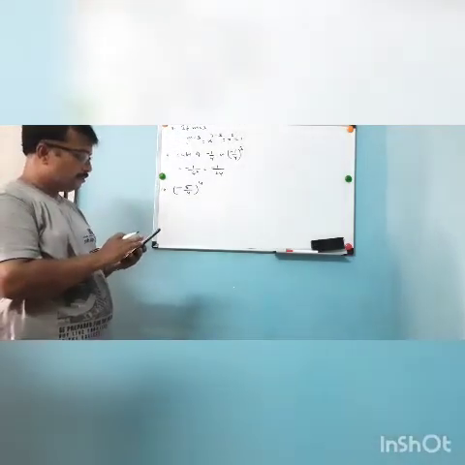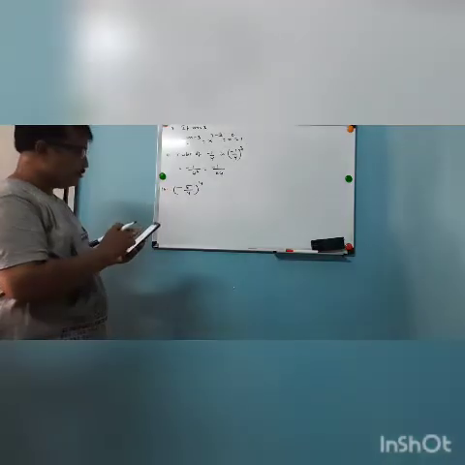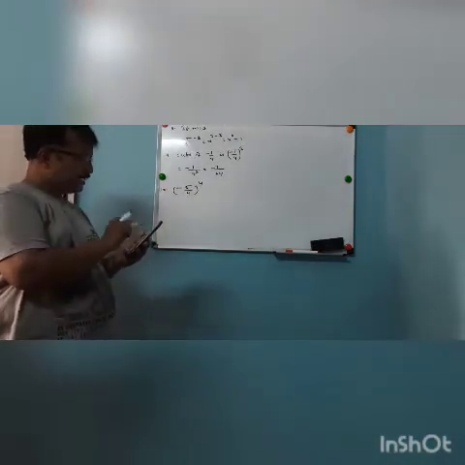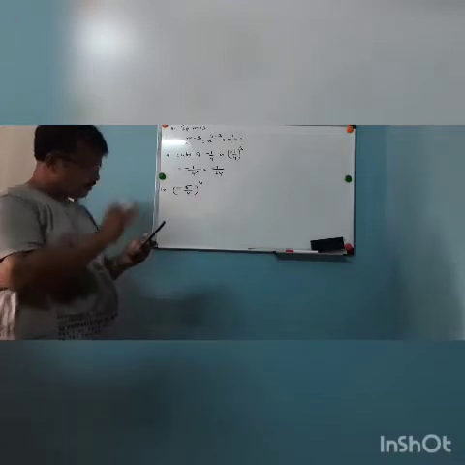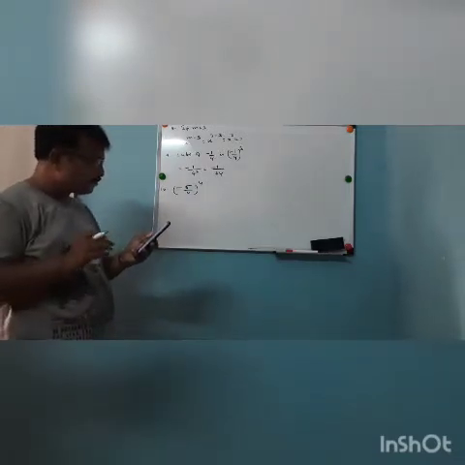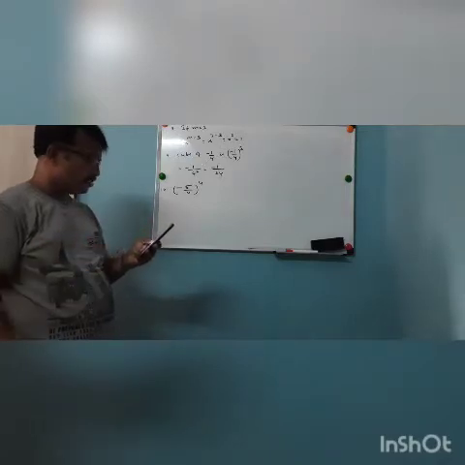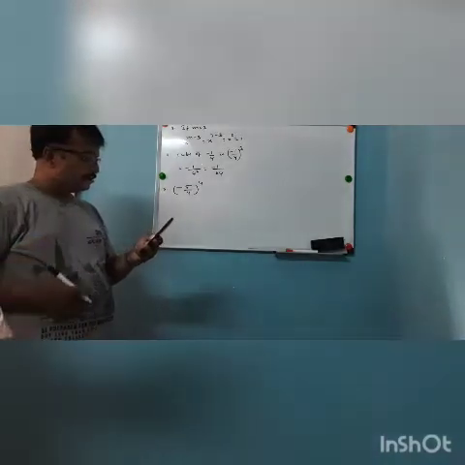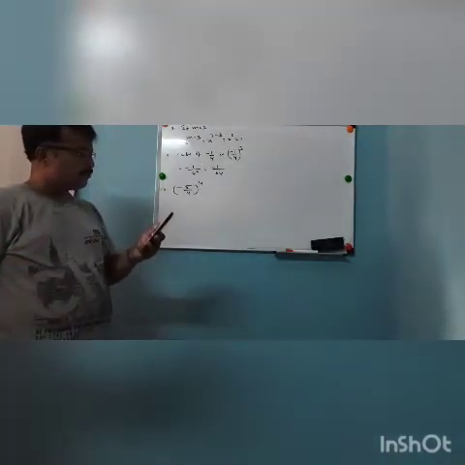So option 1 is minus 5 whole power 4 by 4 power 4. Yes, it is equal to. Next, 5 power 4 by 4 power 4 is not equal to. Option 2 is right. Option 3 is also minus 5 power 4 by 4 power 4.